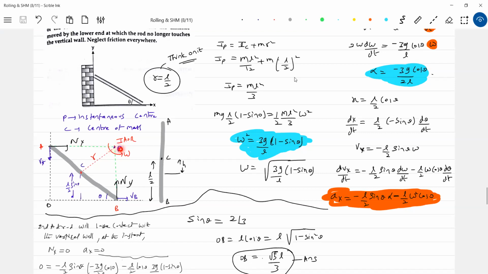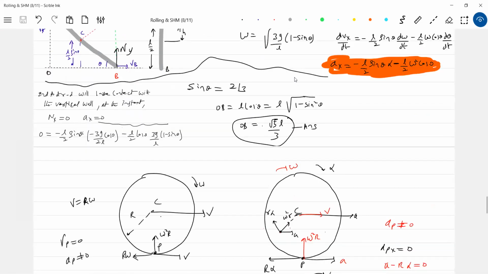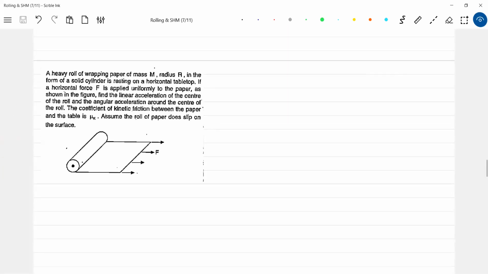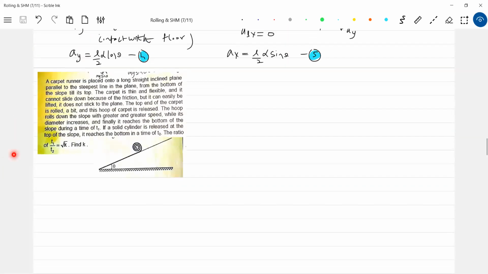You stand here and see no instant center: the center of mass moves horizontally and all points rotate about the center of mass. That's all. You come to point P, then everything will rotate with the same angular velocity omega. That's the idea. Okay, we'll take this one here.